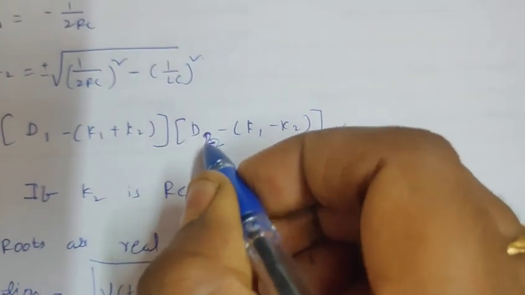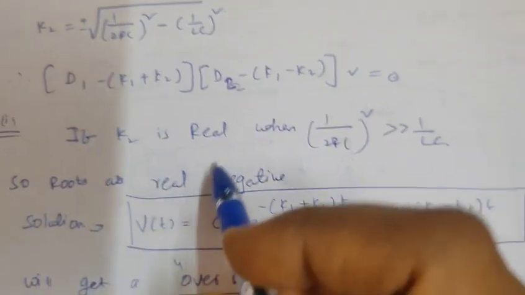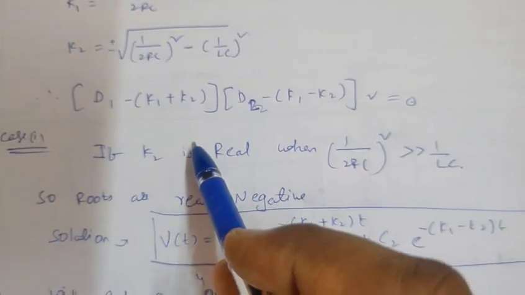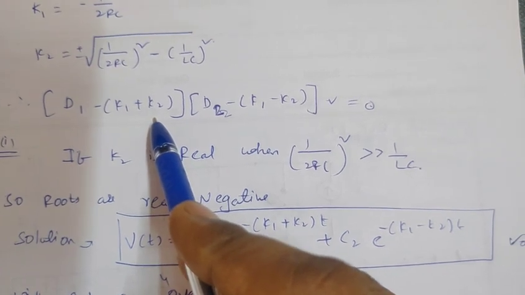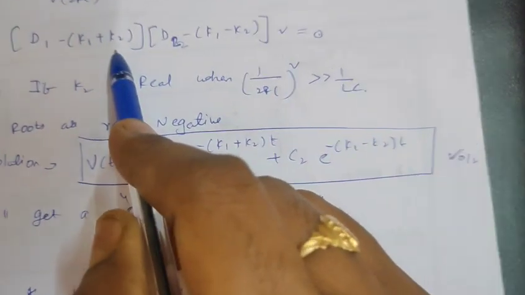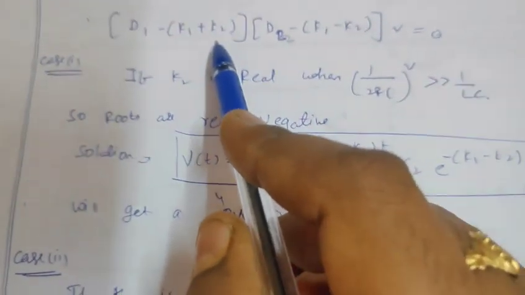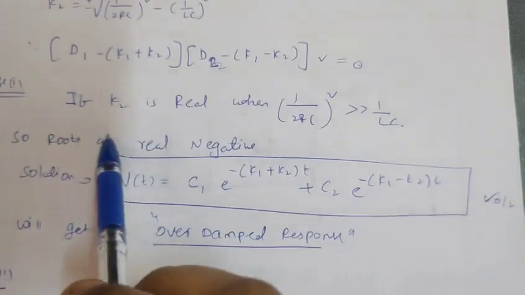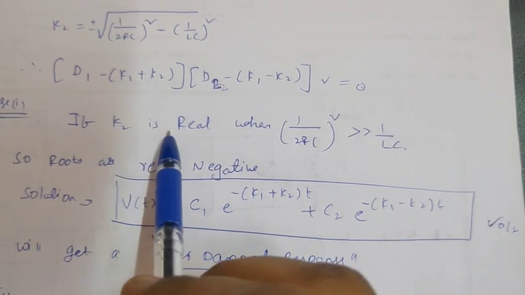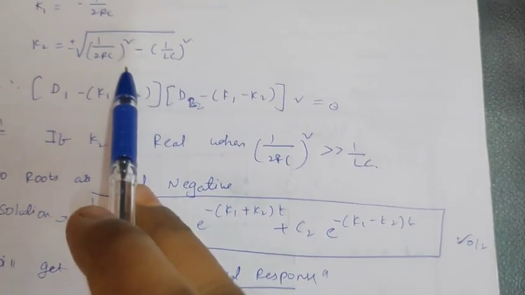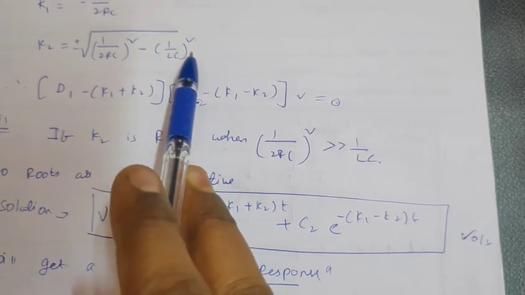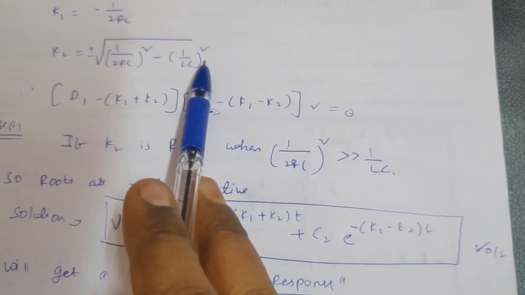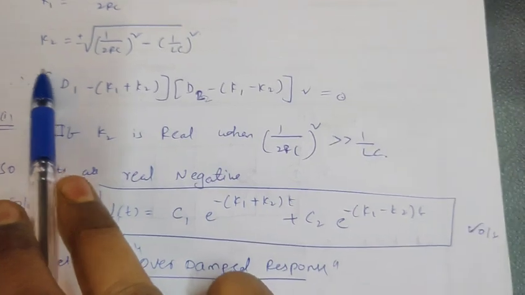So this is D2. Just assume we find out if K2 value is real, or if K2 is imaginary, or if K2 is 0; we'll get three different types of responses. Just assume K2 is real. When K2 is real, the term (1 by 2RC) whole square is much greater than 1 by LC, then only you will get a K2 value as a real value.